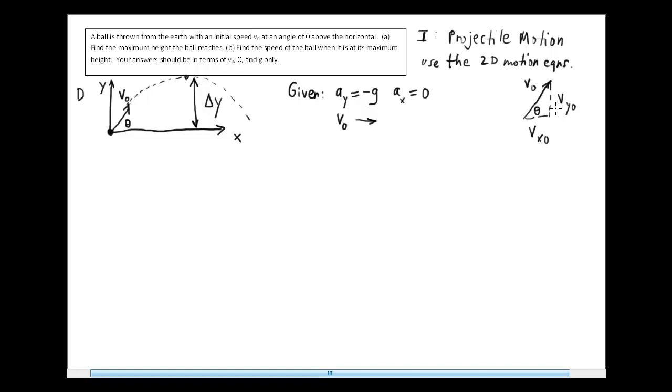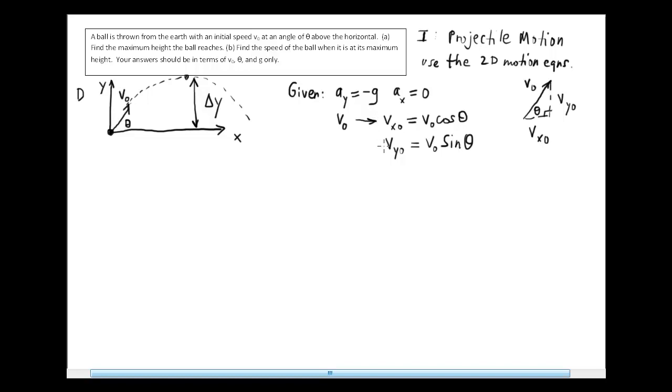Just a little bit of trigonometry, with the realization that that's a right triangle, shows me that I can write vx0 as equal to v0 times the cosine of the angle theta, and vy0 similarly is v0 times the sine of theta. So vx0 and vy0 are the components of the initial velocity vector. v0 is its magnitude, or its speed.